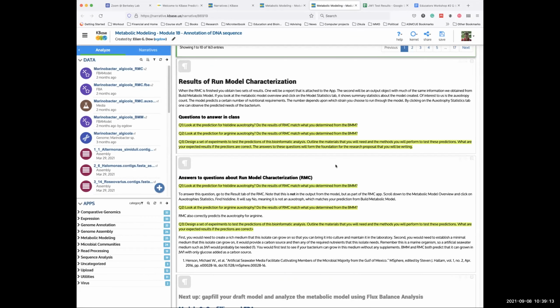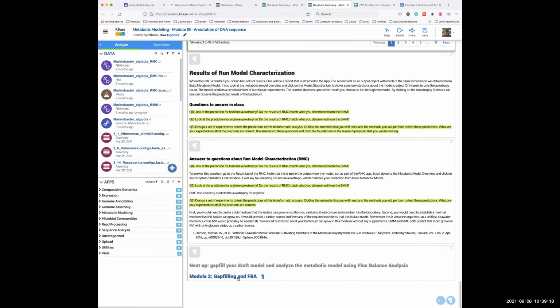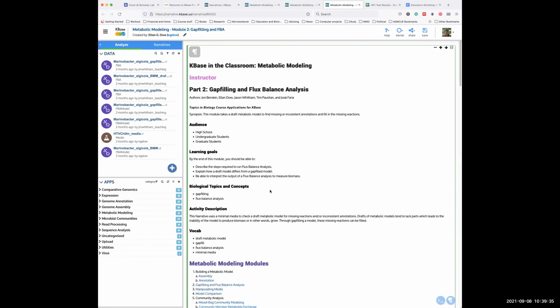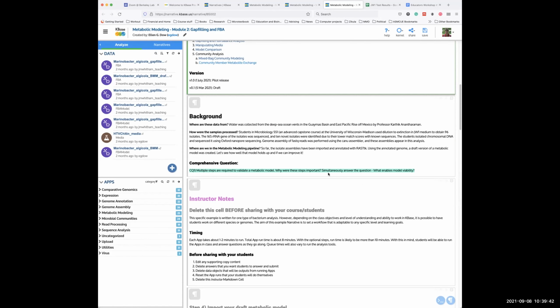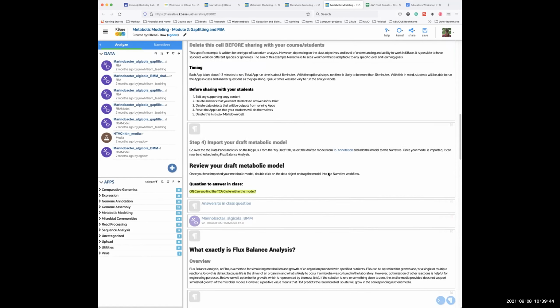If you go on from here and get to the end, you can then go to gap filling and flux balance analysis. In this, it will go through and look at, okay, are there just a couple of gaps in some of the metabolic pathways? How can we fix that, making educated predictions about what pathways might be there and what pathways might not.